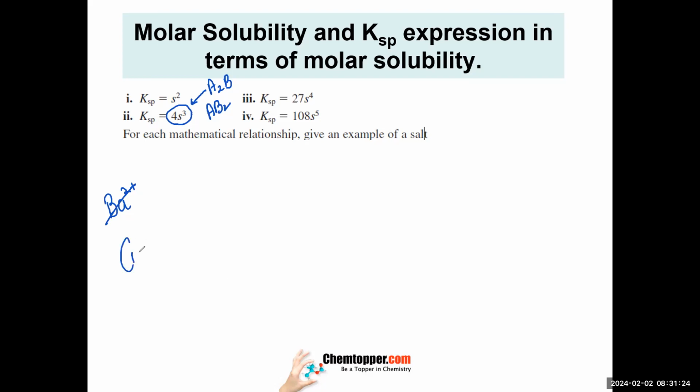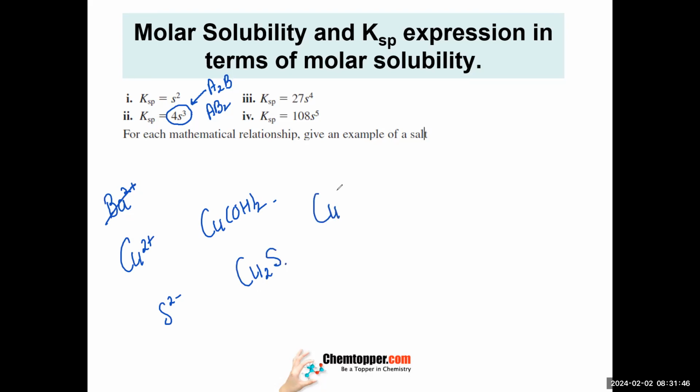So let's take copper 2 plus. That is there. So you can take Cu(OH)2. Let's take S2 minus. So you can take Cu2S. That's a compound.